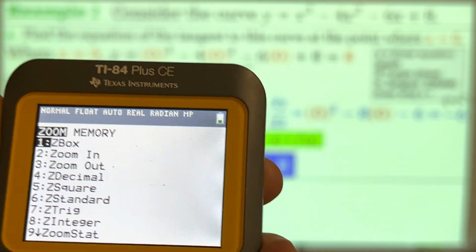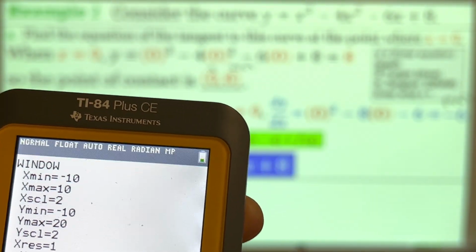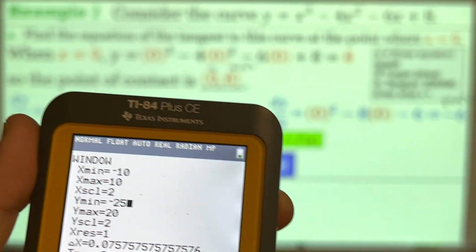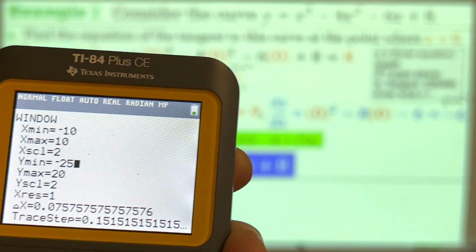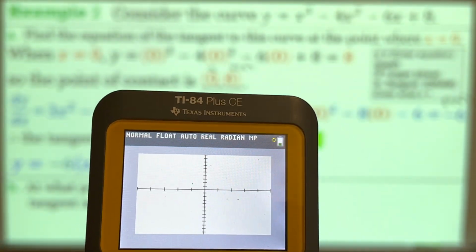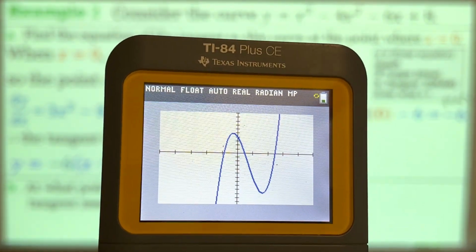Which one's a good one? Zoom box? Nope, not that one. I'm just going to go to the window. My X's seem good. My Y minimum, I'll make like negative 25. I don't know, let's see if that works. Enter. I just want to be able to see my graph. Okay, I can see the top. All right, that's not a bad graph.